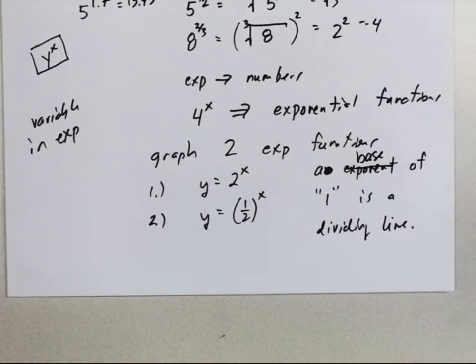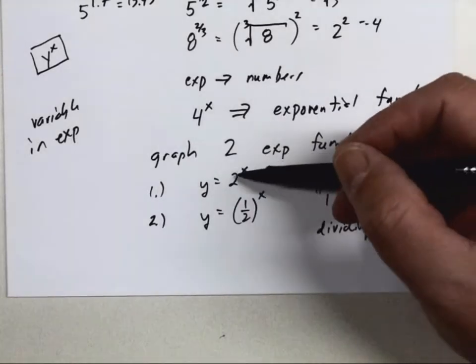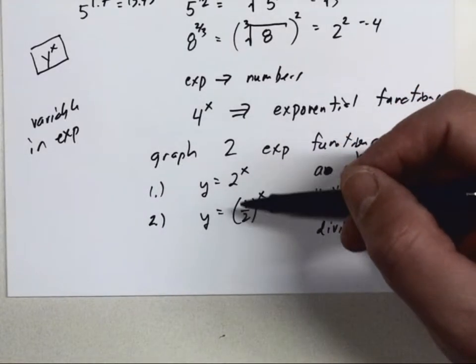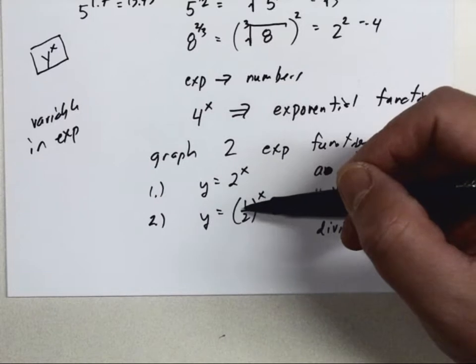You have no idea what that probably means, but you will in a few minutes. So for this first one, what's my base? My base is 2. And the second one, my base is 1/2.